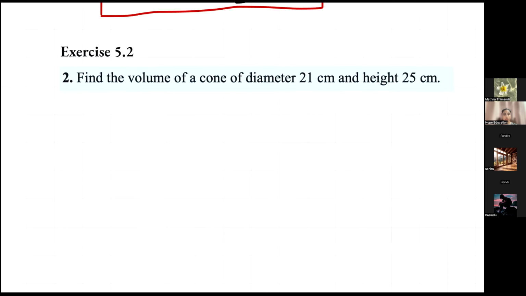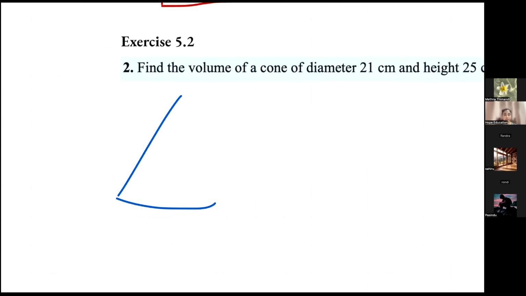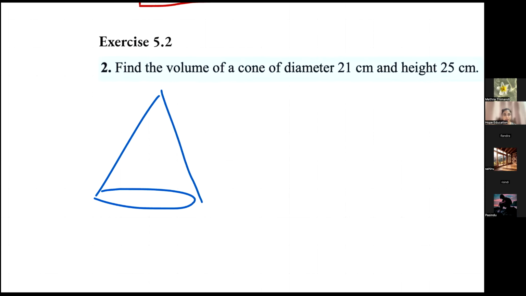Let's see. We have a cone. The height is 25 centimeters. We know height means this. This is 25 centimeters. The diameter is 21 centimeters. And we know how to find the volume.